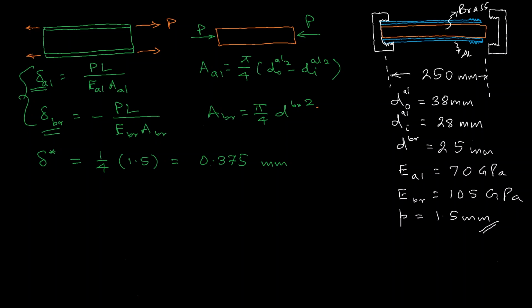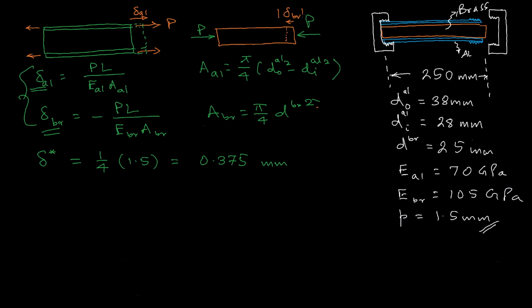That means if I draw here, this will be elongated by a certain distance like this. I'm exaggerating the picture here. This will be elongated, and similarly this will be compressed a bit. In a way this is delta aluminum, and this is delta brass.